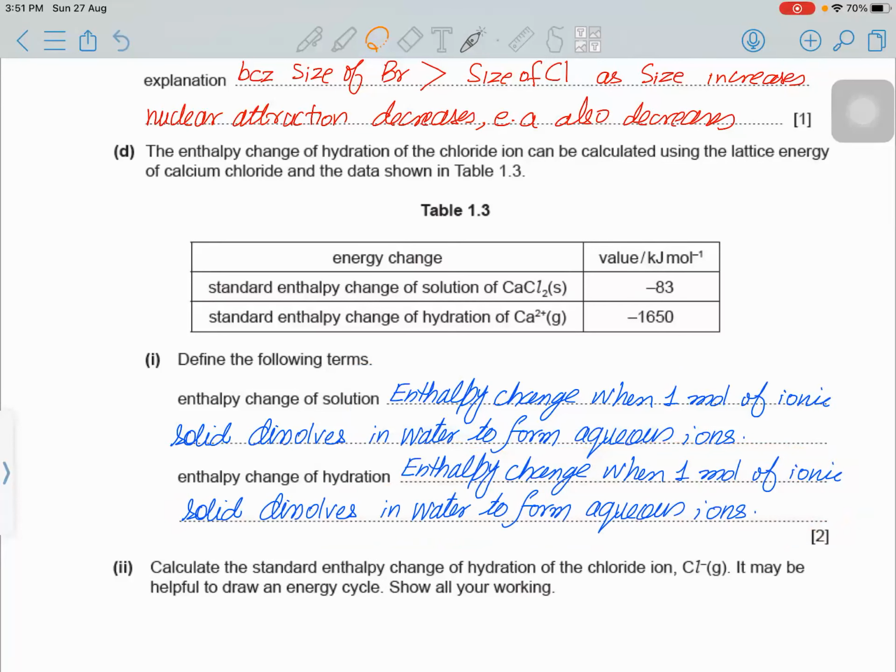Enthalpy change when 1 mole of gaseous ions dissolve into aqueous ions, right? To form a dilute solution.